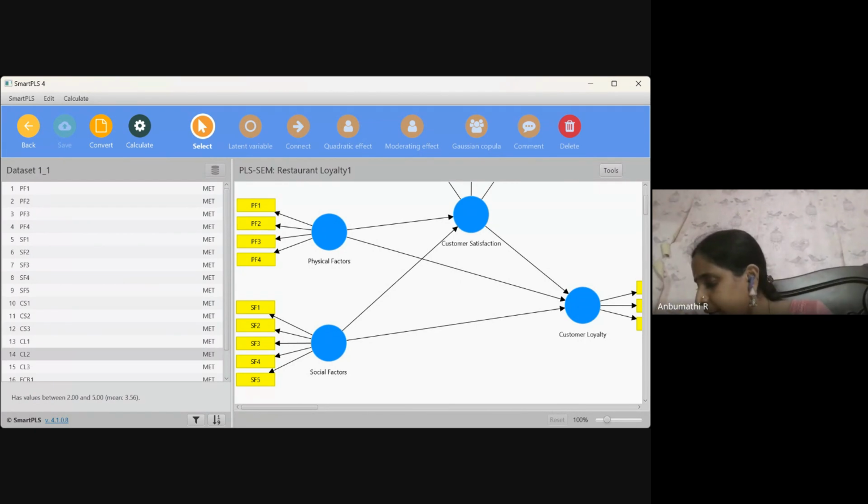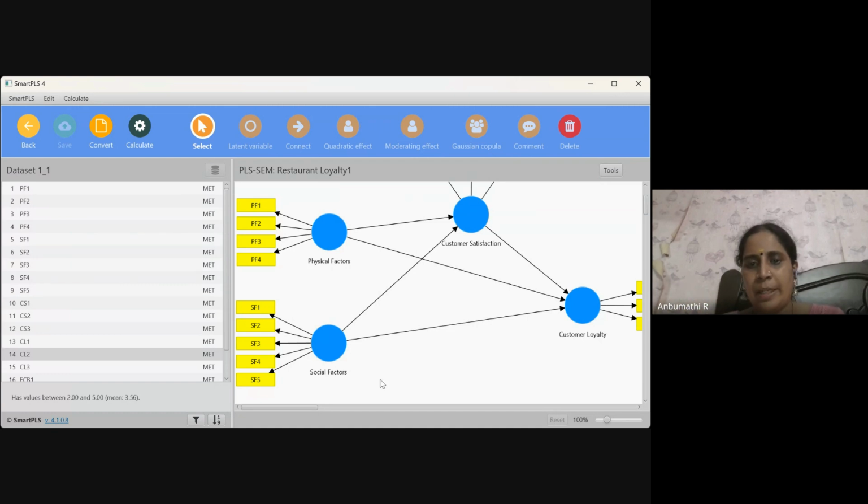We considered physical factors, social factors, and customer satisfaction, and we devised the model based on the prior literature review.